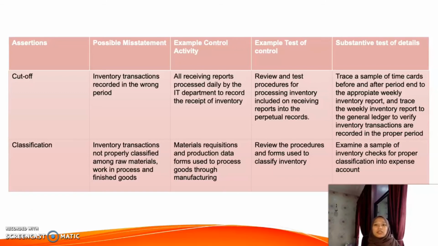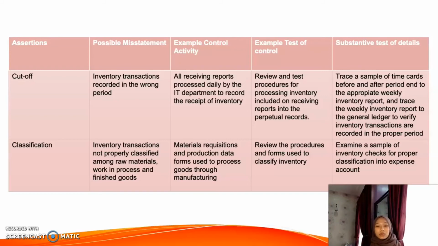And the substantive test of details is by tracing a sample of items cut before and after period end to the appropriate weekly inventory report and trace the weekly inventory report to the general ledger to verify inventory transactions are recorded in the proper period.